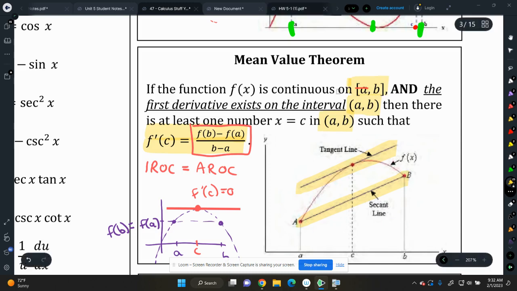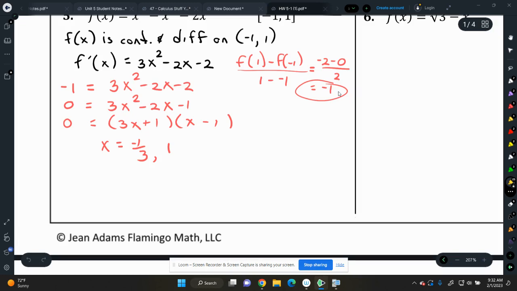So if we look at our answer here, we found 2 points where the average rate of change and the instantaneous rate of change are the same. Well, one of those points is the end point here on the open interval, which means that point is not one of the points we can consider.